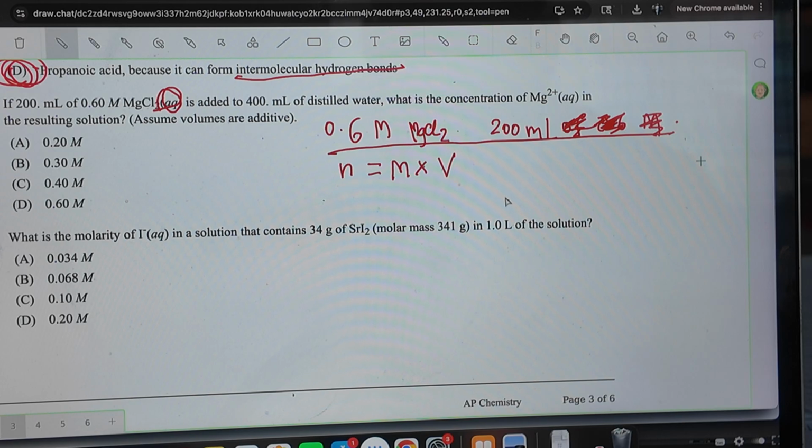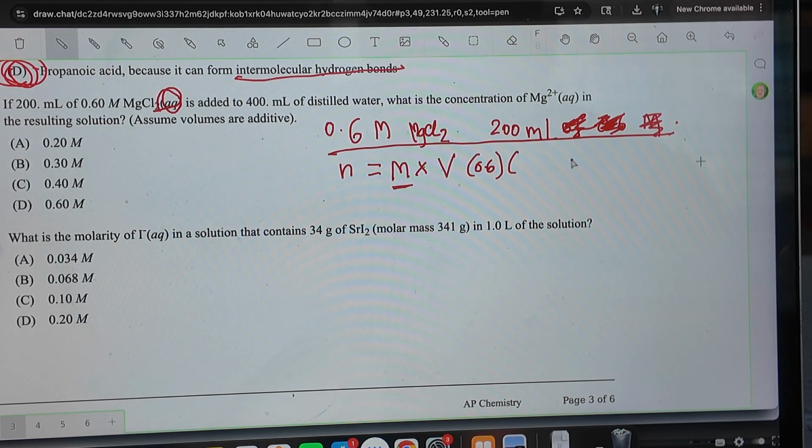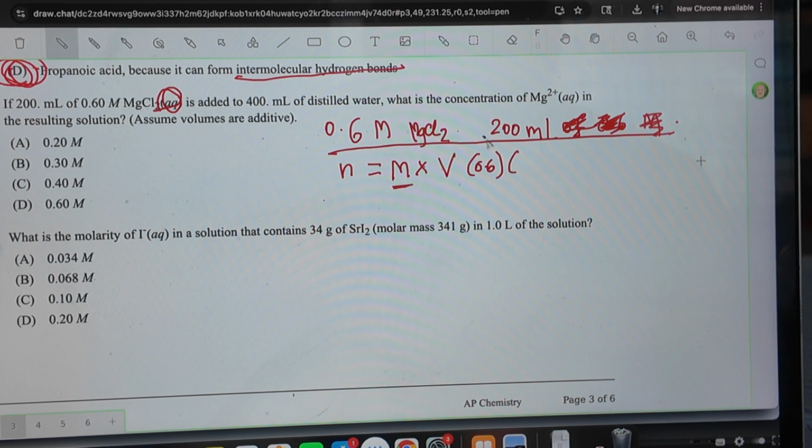So in order to get the moles, you take 0.6 and multiply that by 0.2 liters, because you have a fifth of a liter. You multiply those two together and you get 0.12 moles.